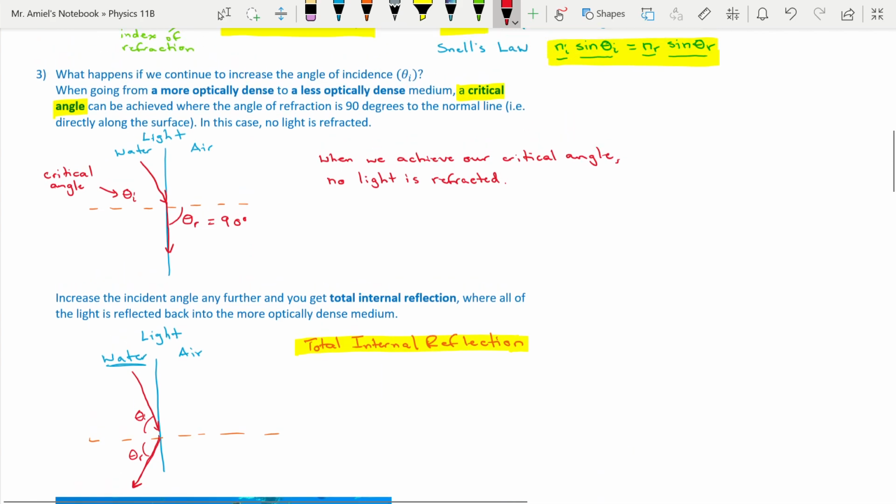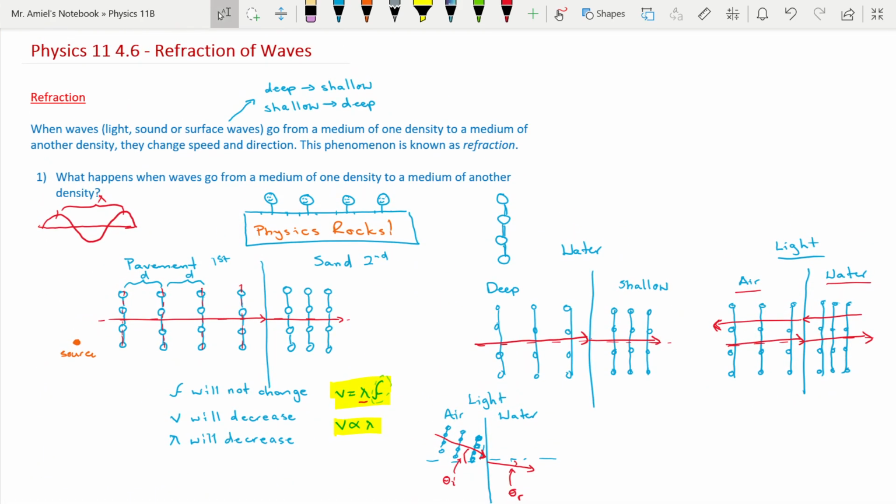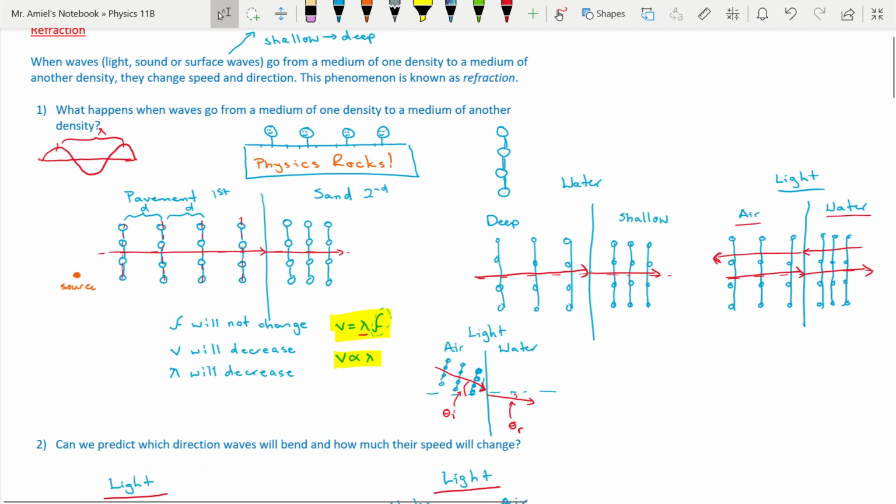Okay, so to wrap up here, let's go back and we can talk about, okay, we used our people holding our banner marching in a parade analogy to talk about what's going to happen when waves go from one medium to another. When they go from a less dense to a more dense medium, they're going to slow down, and that means that the wavelength is going to decrease.